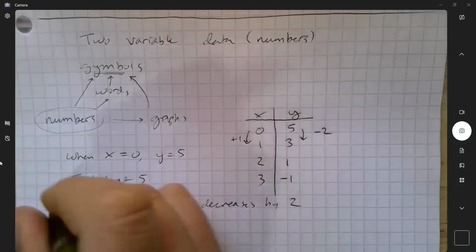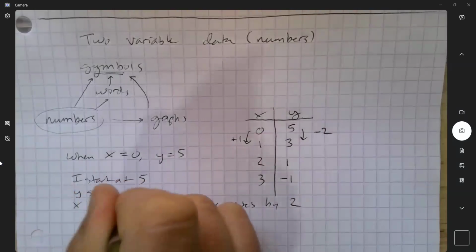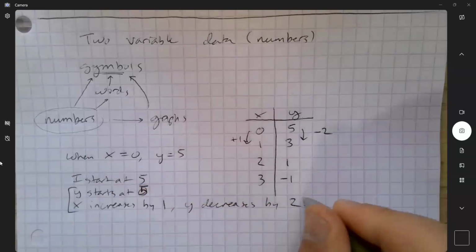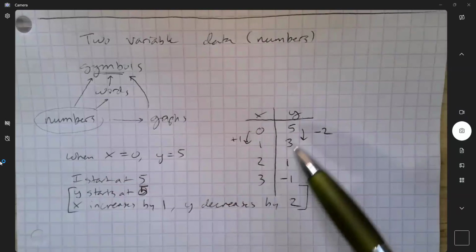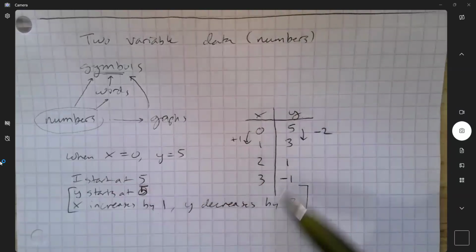And by saying that y starts at 5, and every time x increases by 1, y decreases by 2, we have now turned this numerical representation into words. I'm describing what's happening instead of showing you with numbers.